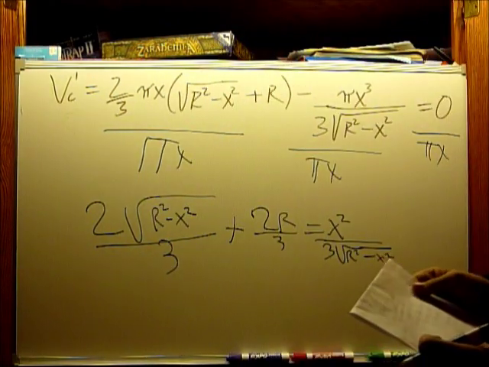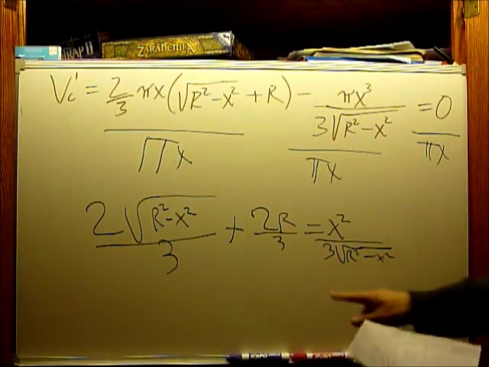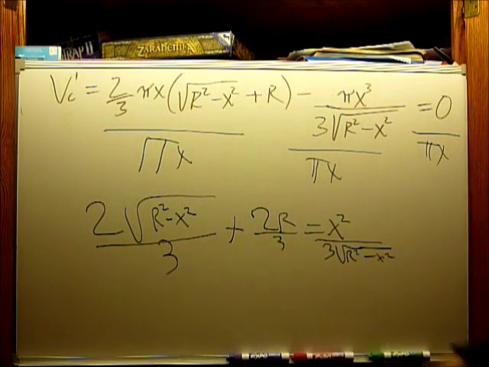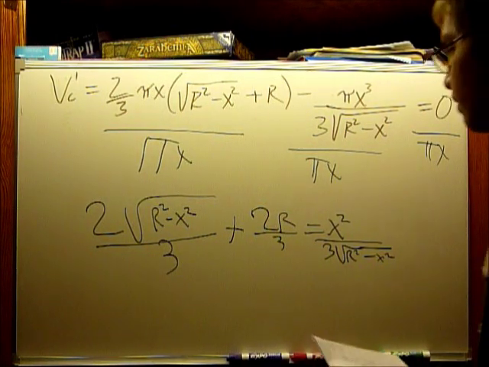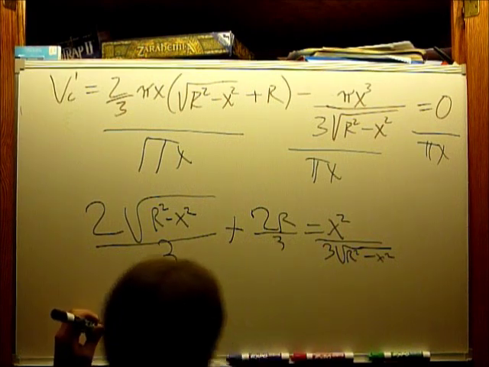After that, we're going to multiply both sides of the equation by the denominator here.